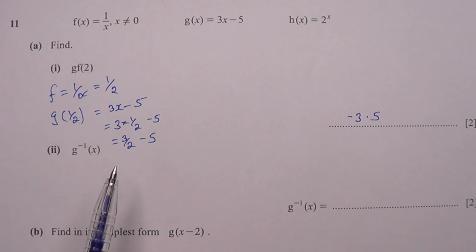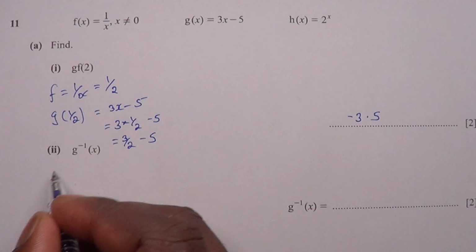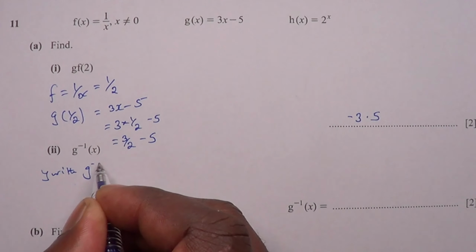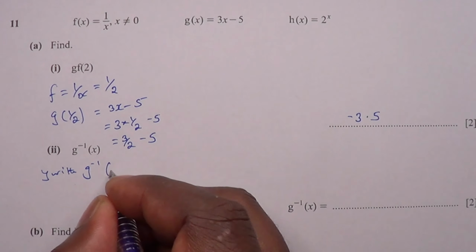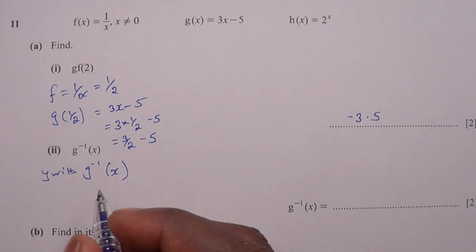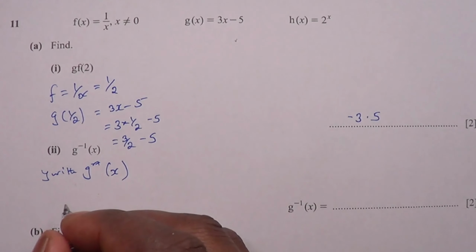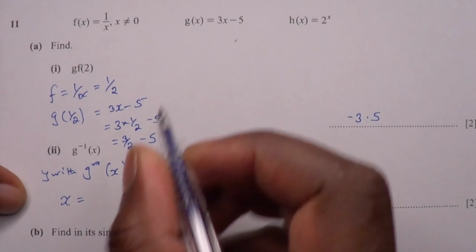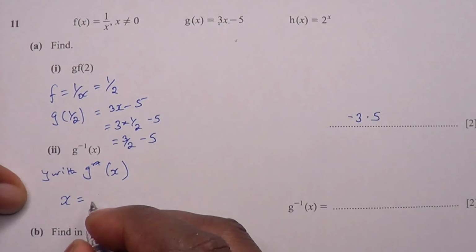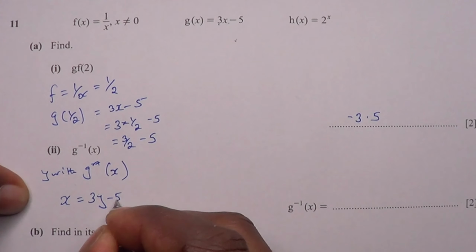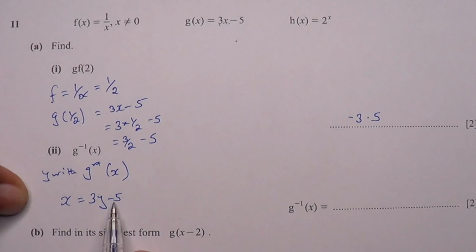So we need to replace y with g inverse of x. Now when we replace this, it will be x equals 3y minus 5. But I need to make y the subject of the formula.